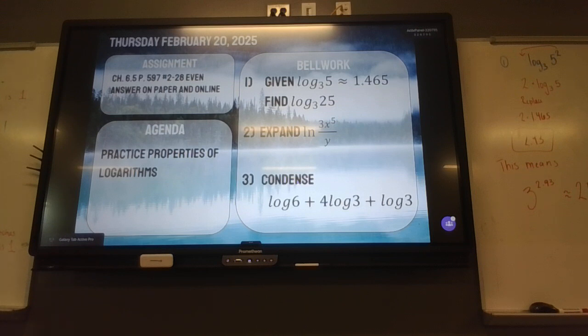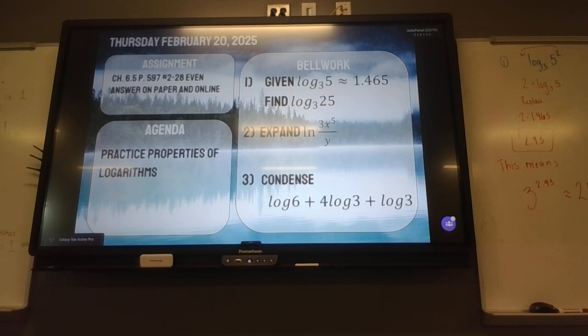Okay, so here, log base 7 of 1. Anytime the argument is 1, the log is 0. This is going to be helpful with your expanding. So anytime there's a 1 here, the concept is the base to what exponent would result in 1? And the answer is always 0.